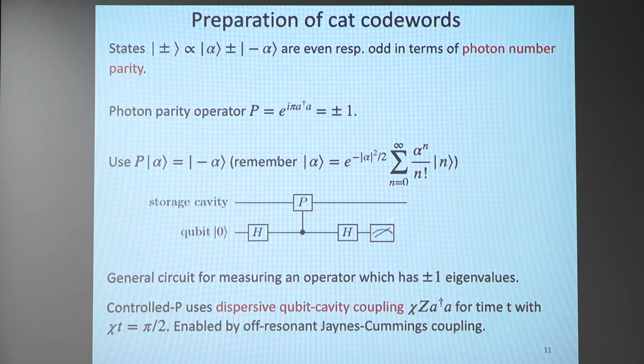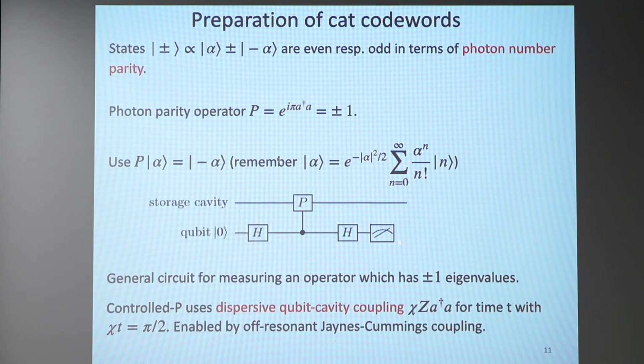And then the claim is that whatever I measure here, 0 or 1, corresponds to the eigenvalue of P. So if it's 0, then I'm in a plus, and if it's 1, I'm in a minus, and if I were in a superposition, I'll be collapsing the state into these two cases. If you want to know more, you could just verify yourself by doing the math.